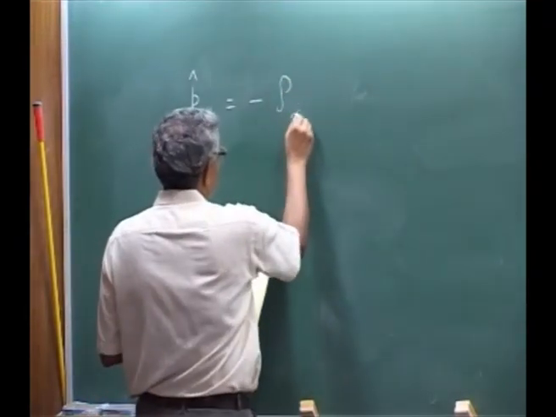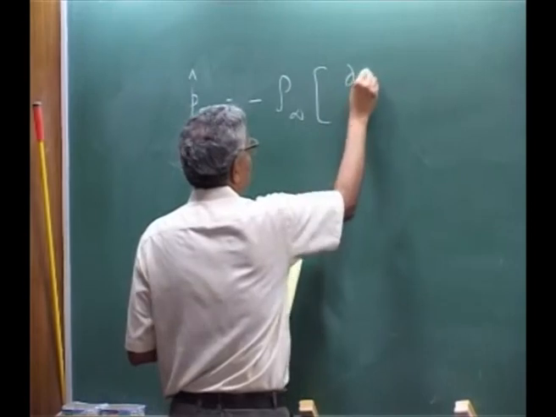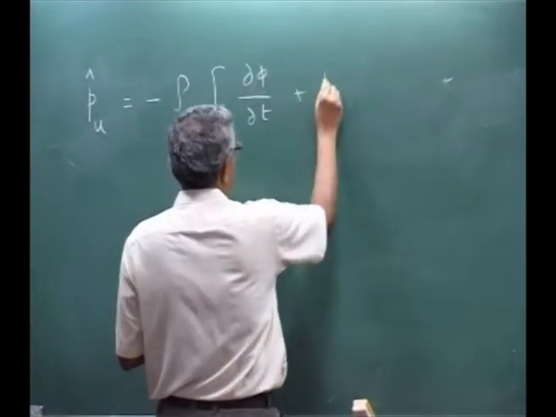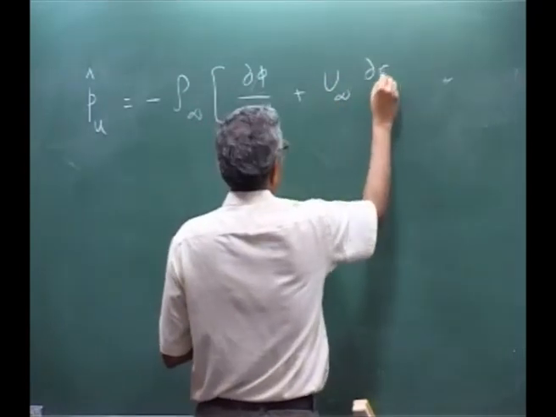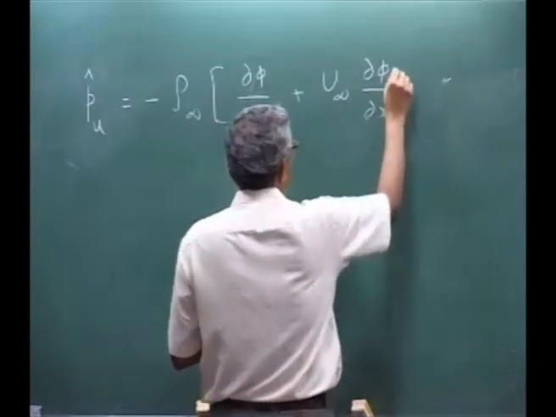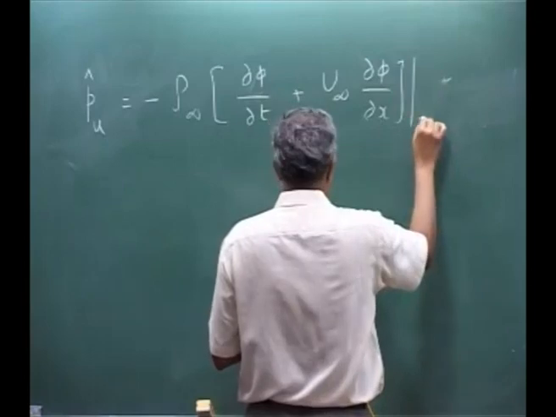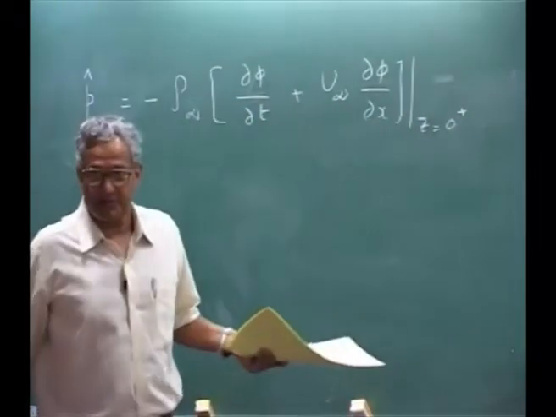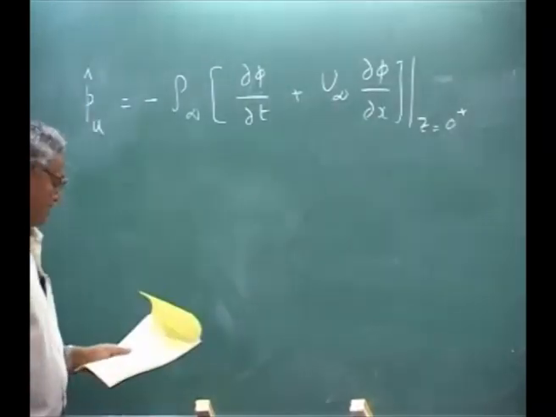This is rho infinity delta phi by delta t. This is our pressure expression, P minus P infinity.